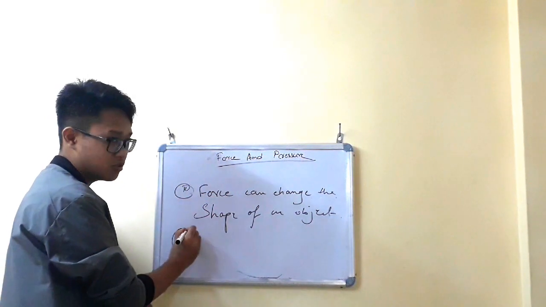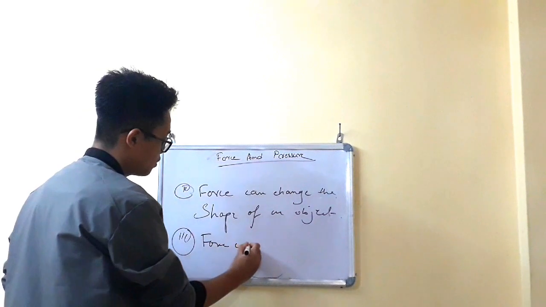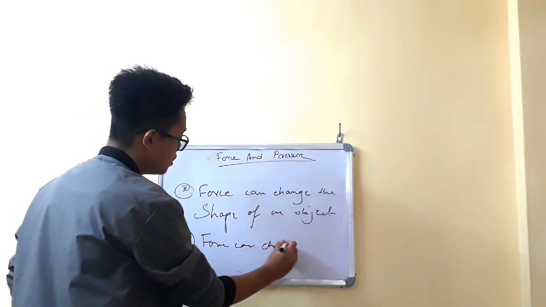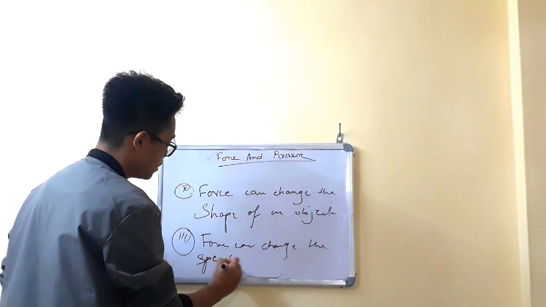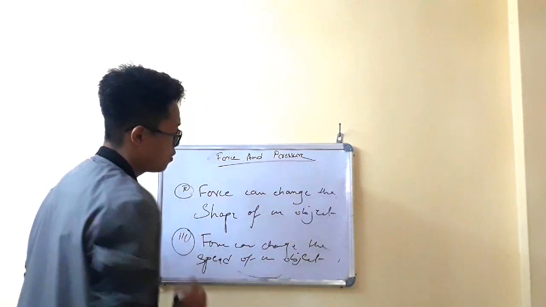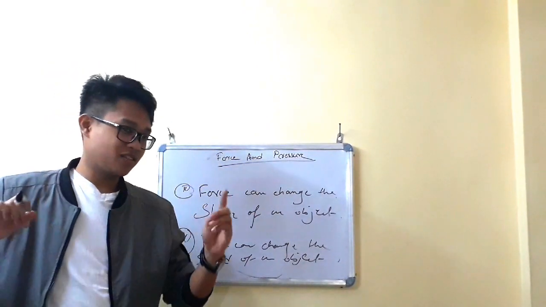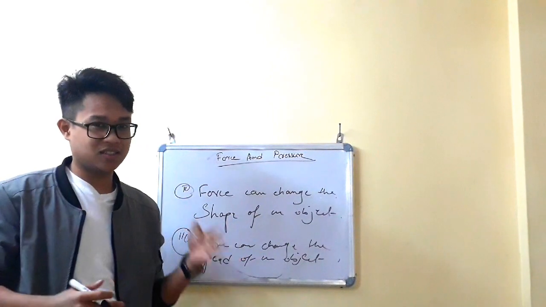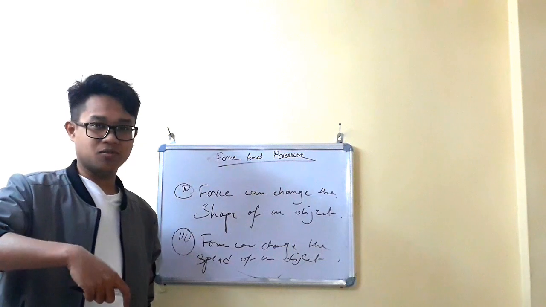Another thing force can do: force can change the speed of an object, right? The most common example, when we all ride bicycles, cars or scooters, what does the accelerator do?